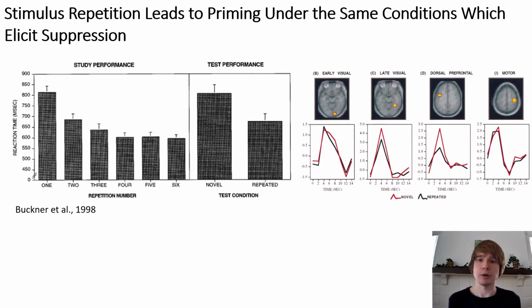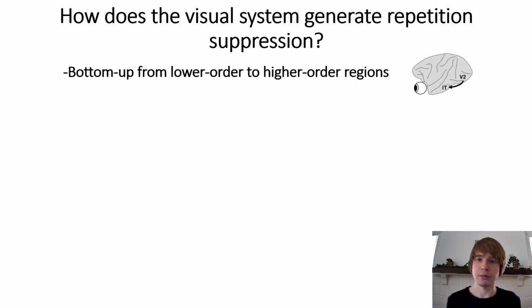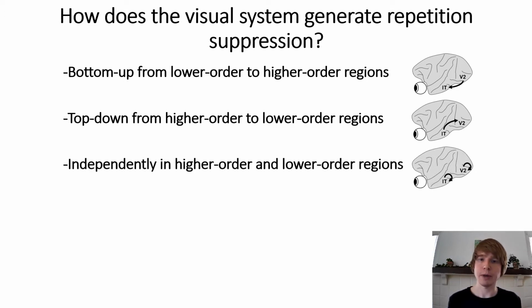And despite what we know about repetition suppression, how does the visual system generate repetition suppression? With regards to network-level accounts of transmission between high-order and low-order regions, there are three main ways in which this could occur: via bottom-up transmission from low-order to high-order regions, top-down from high-order to low-order regions, or independently in high and low-order regions.